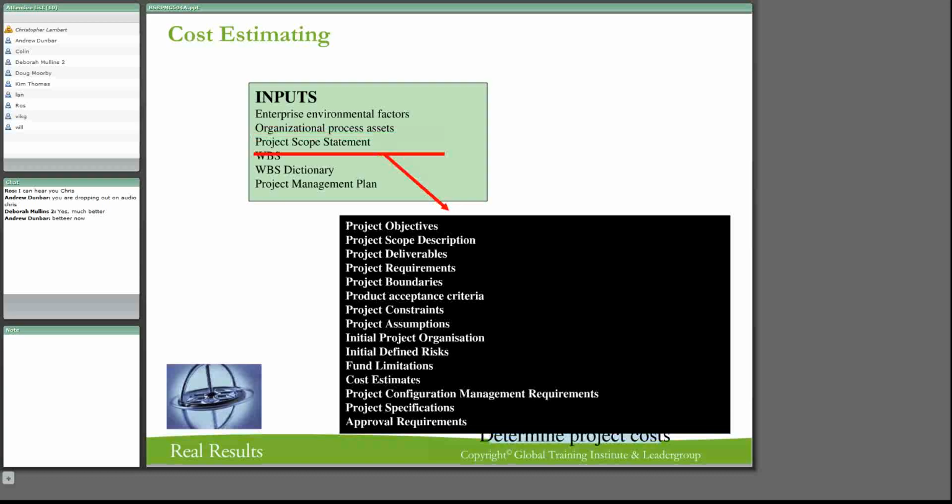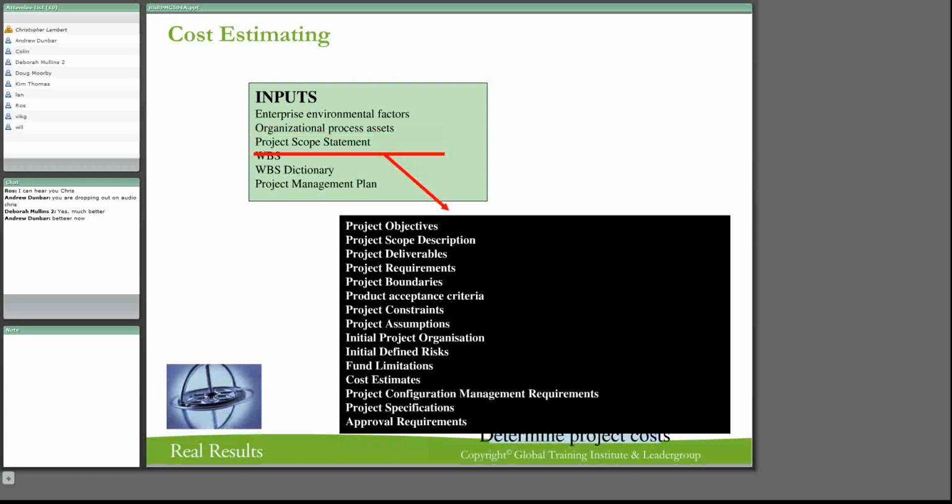Then we have the scope description, which gives us a succinct description of the project, so we can very quickly understand what this project is about and easily put it on documents. It's almost like your vision for the project. And then we have the project deliverables.